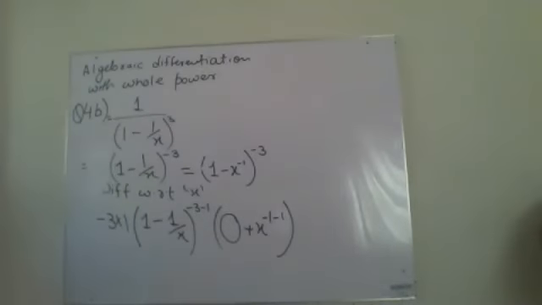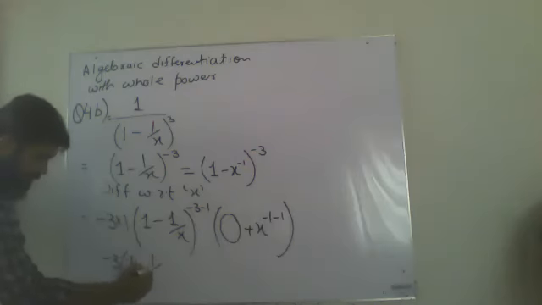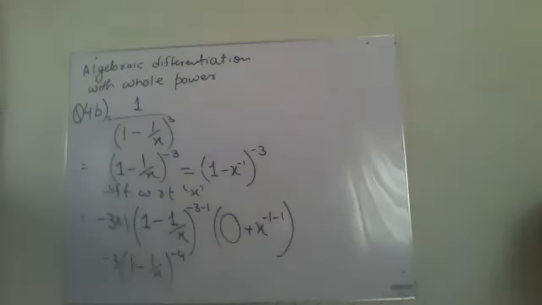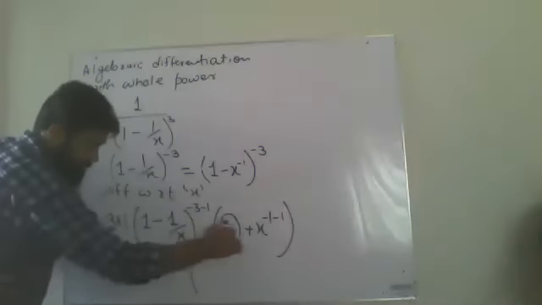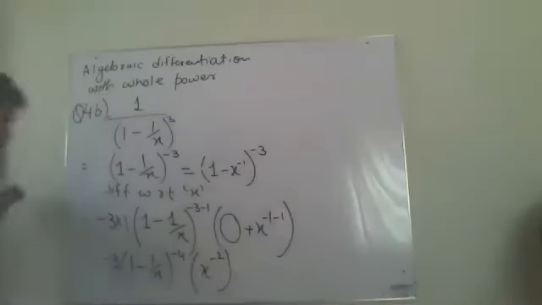Now simplifying it, this will become minus 3 times 1 minus 1 over x, minus 3 minus 1 will become minus 4, 0 will be gone, x power minus 2.